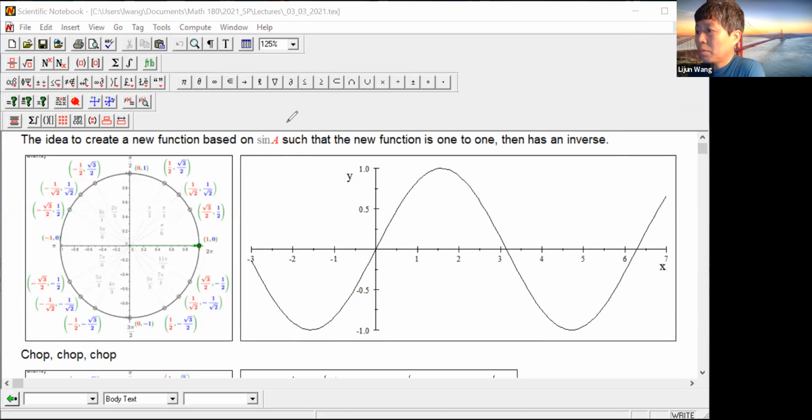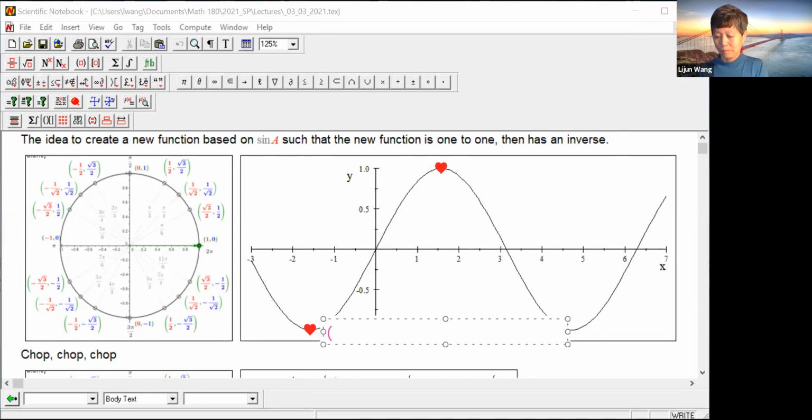I'm going to mark this lowest point. You guys are supposed to mark this point. Can you mark the highest point? Can you mark these 2 points?